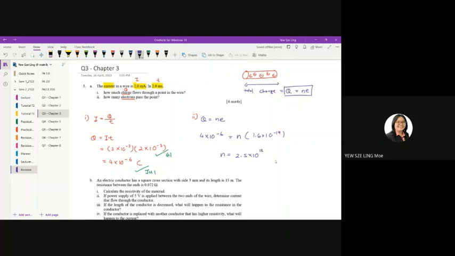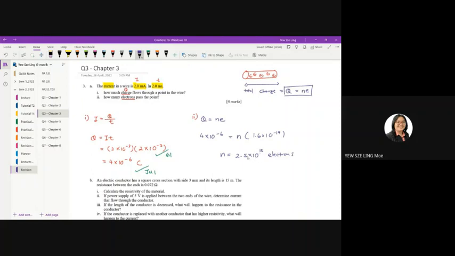And don't forget the unit. Quite a lot of you didn't write down the unit. This N is the number of electrons. You need to tell the reader. Otherwise, how do I know that this 2.5 times 10 to the power of 13 is the number of electrons?